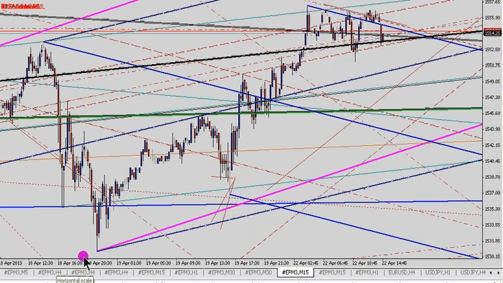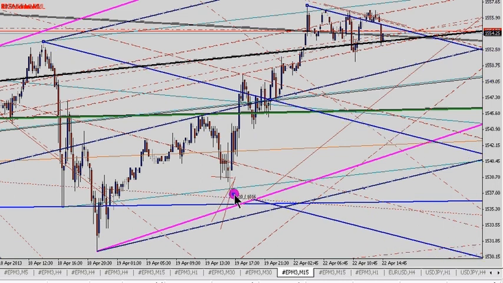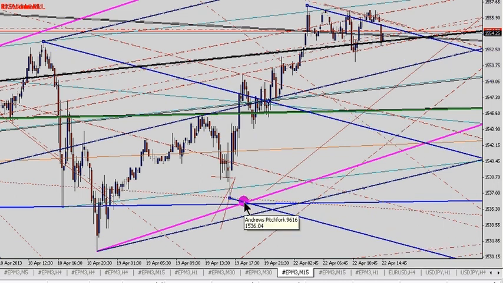Now that's a perfectly valid fork. You can see again we're using this pivot and not this pivot because of the angle. All we're doing by drawing a fork, I believe, is expressing the correlation between these, the actual frequency of price that is expressed by these three pivots.